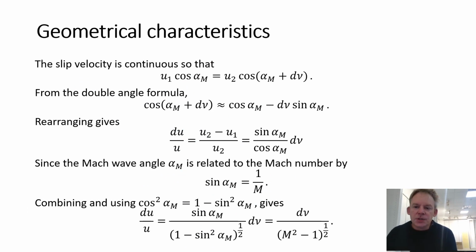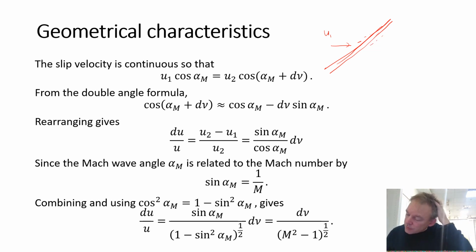The first thing is that, as we saw in our oblique shock analysis, the flow tangential to the flow structure is going to be continuous, and so this puts an important constraint on the relationship between U1 upstream and U2 downstream.